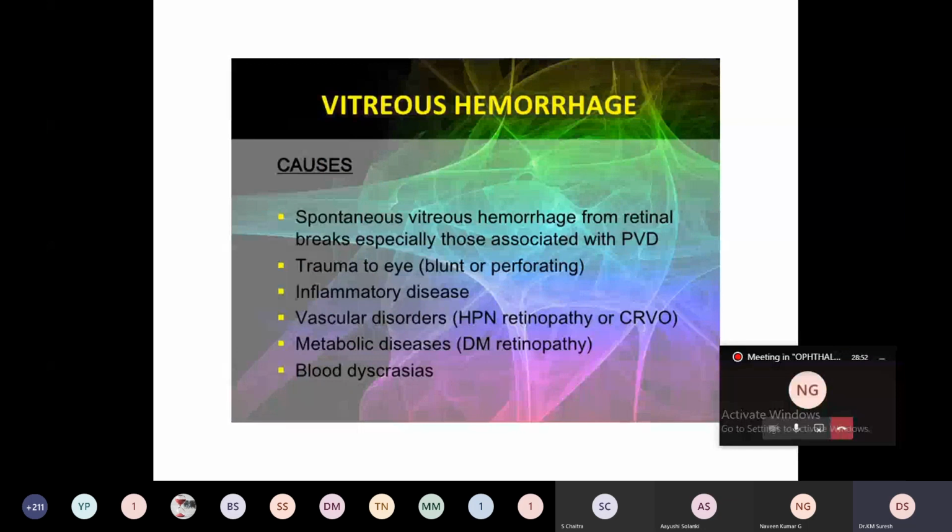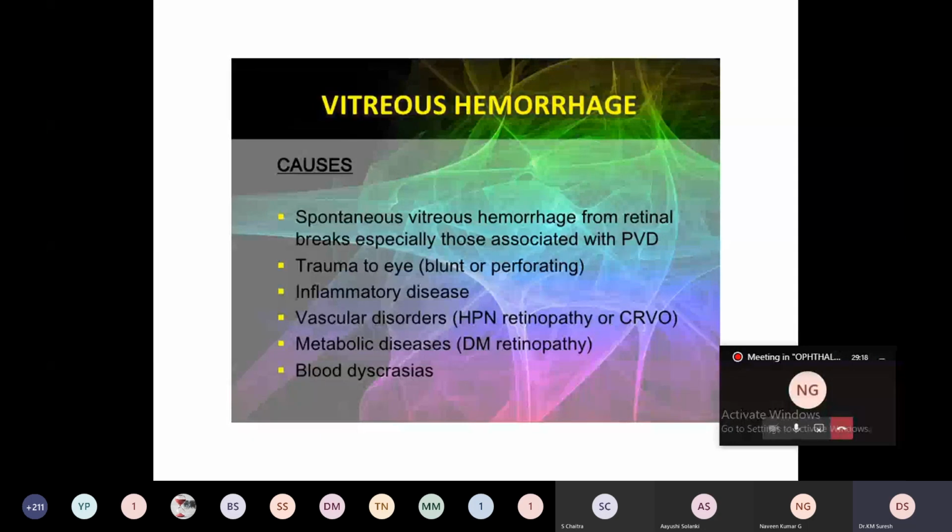The causes for vitreous hemorrhage: spontaneous vitreous hemorrhage from retinal breaks, especially those associated with posterior vitreous detachment. Trauma to the eye, it can be either blunt or perforating, as I told you. Inflammatory diseases, vascular disorders, hypertensive retinopathy or central retinal vein occlusion can also cause vitreous hemorrhage.